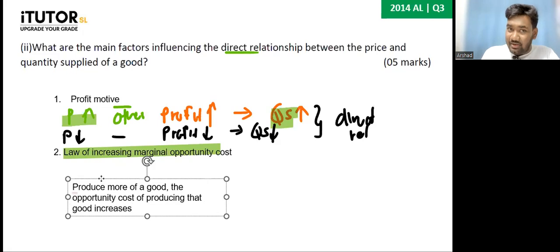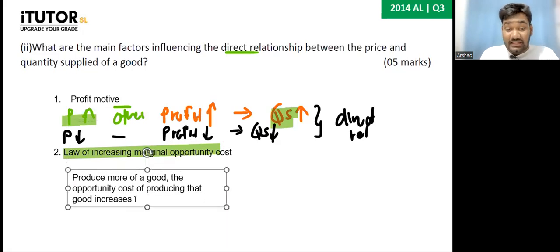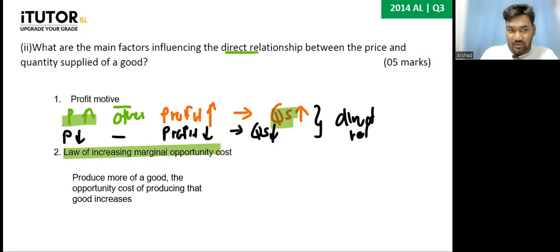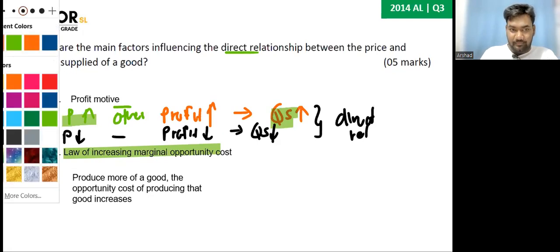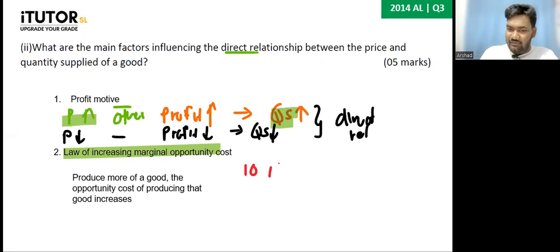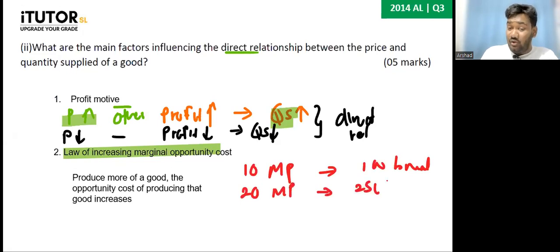So what is this saying? The producer will only produce more of that good if the price increases to cover that increasing opportunity cost. For example, when you're producing 10 mobile phones, let's say your opportunity cost is 100 loaves of bread. When you produce 20 mobile phones, let's say you have to sacrifice 250 loaves of bread.